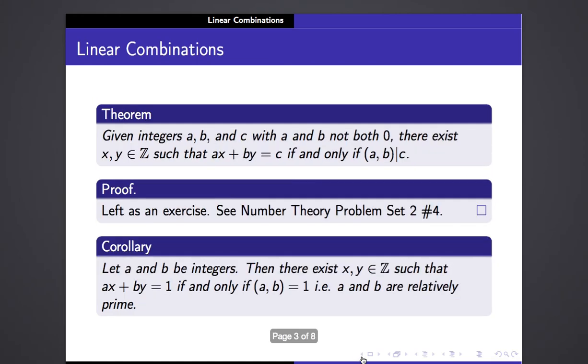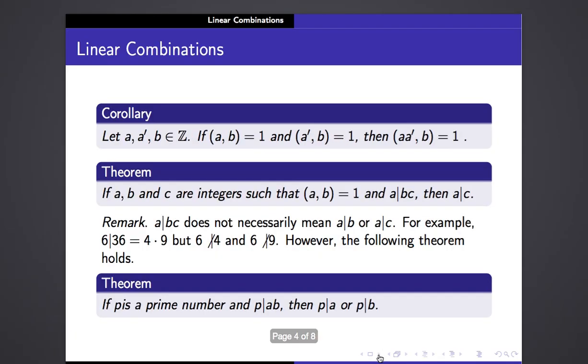I'm talking about this corollary here. Again, I have to say there are exceptions, so not always, but likely your proof may work.